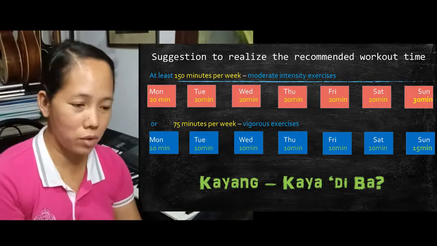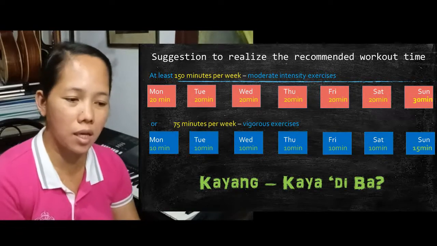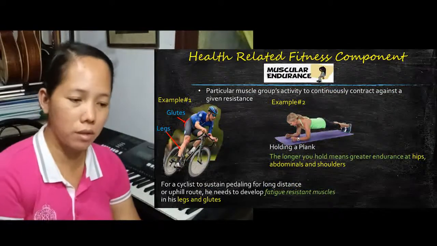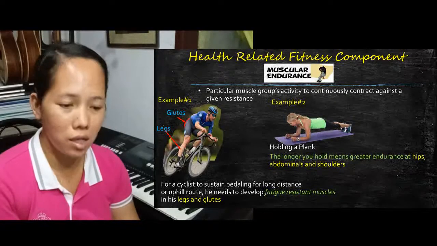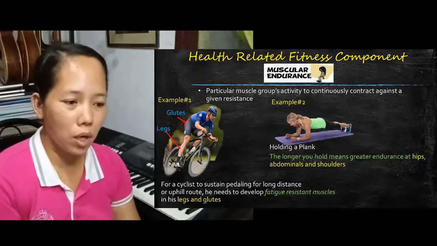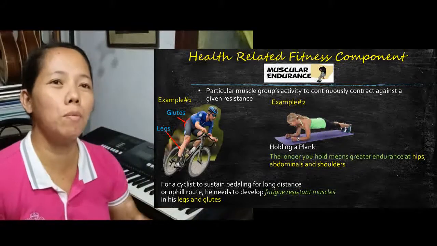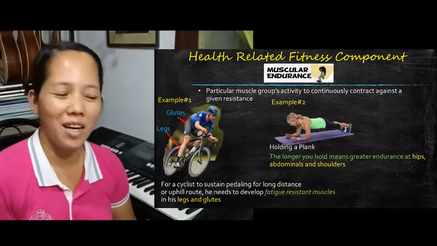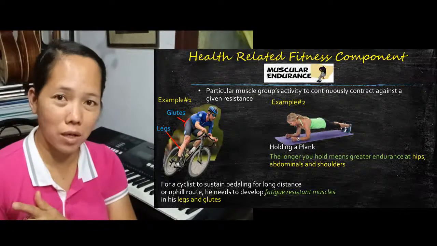Okay, so that was all about the cardiovascular endurance. Let's go now to the next health related fitness component, which is the muscular endurance. So kaganina, kung unsay makaya nimo sa imong kung pahanginay pata, di ba? Di ba ang atong topic ganina kay cardiovascular endurance.